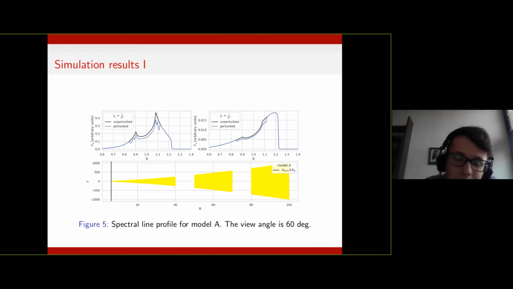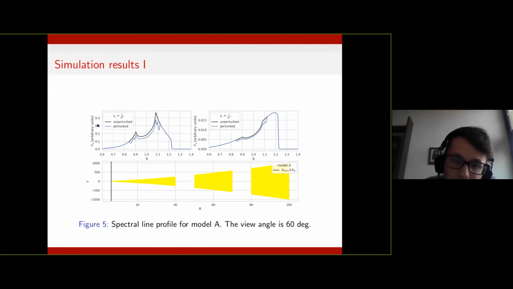So based on the comparison of the size of the corona to the size of the accretion disk, there are typically 2 possible initial intensities of the reflected radiation. One is 1 over r squared. This is for the case when the corona is about the same size as the accretion disk. And the other one is 1 over r cubed, and this is for the case when the corona is bigger than the accretion disk.